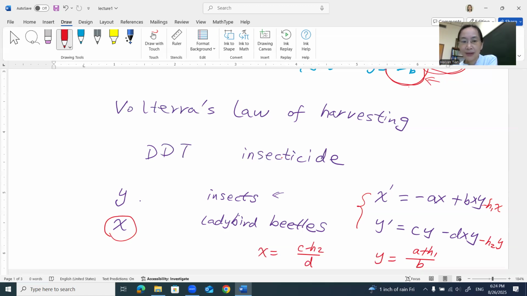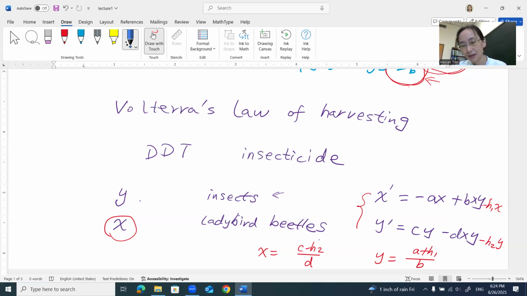It will be higher compared to before you applying DDT. So before you apply DDT, the population of the beetles will be C over D. And the population of the insects will be A over B, only A over B, right? But after you apply DDT, then there's killing both insects and ladybird beetles.